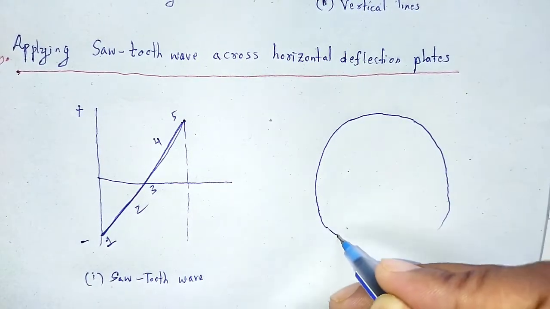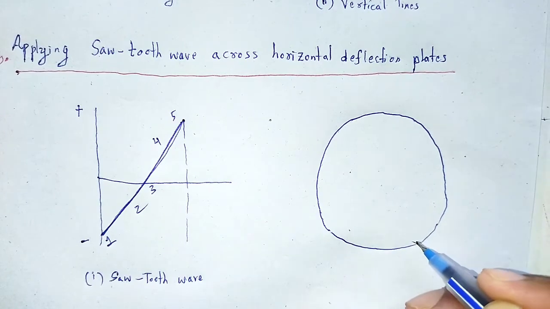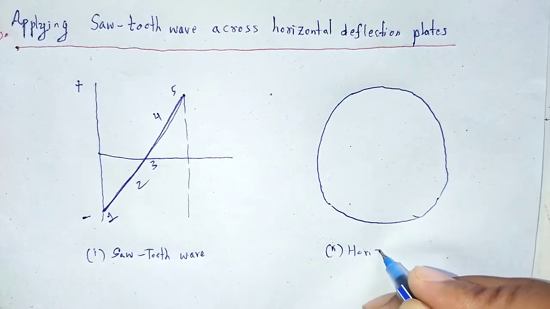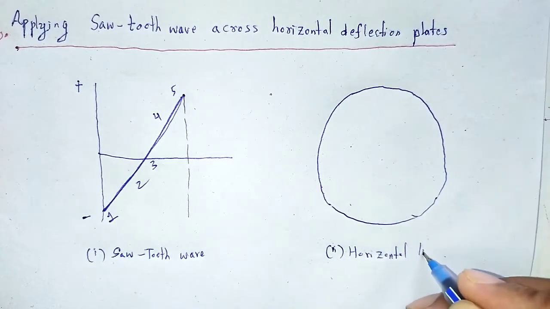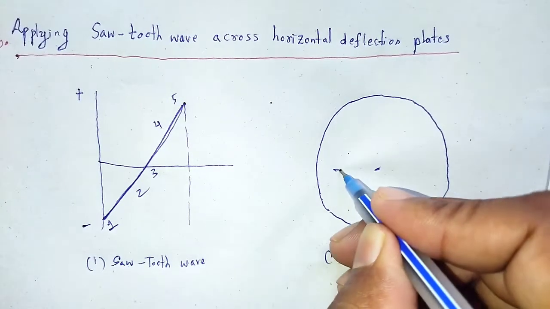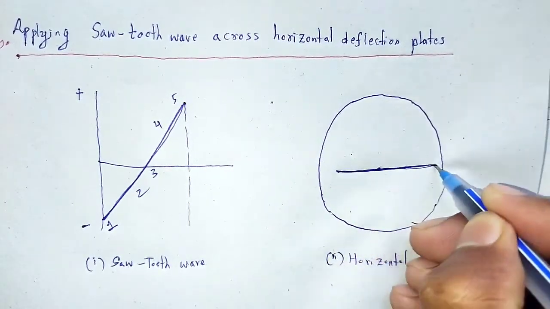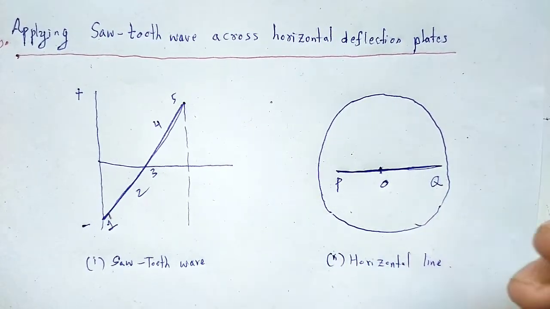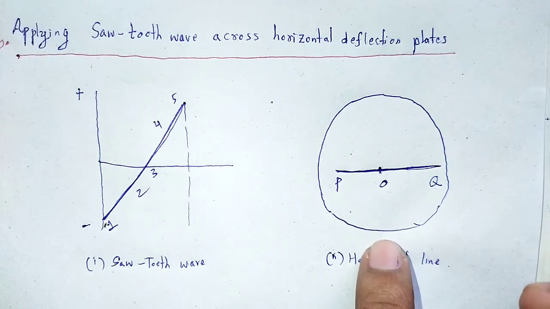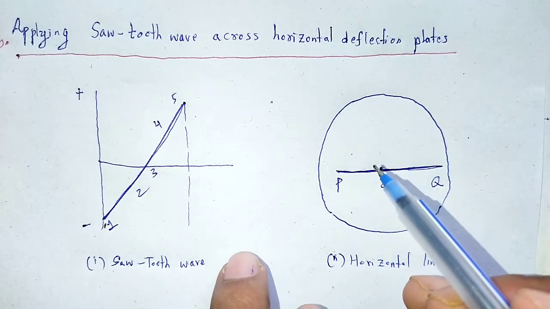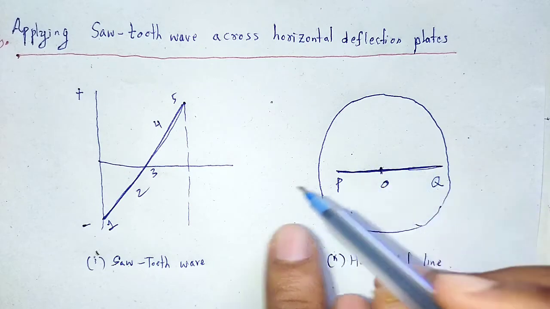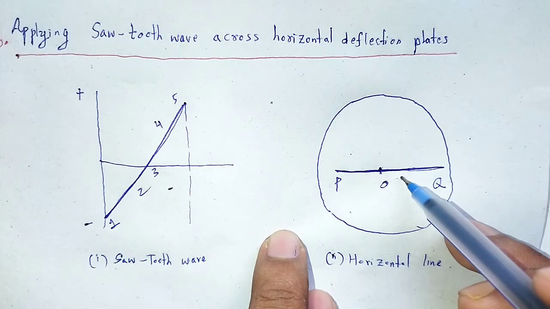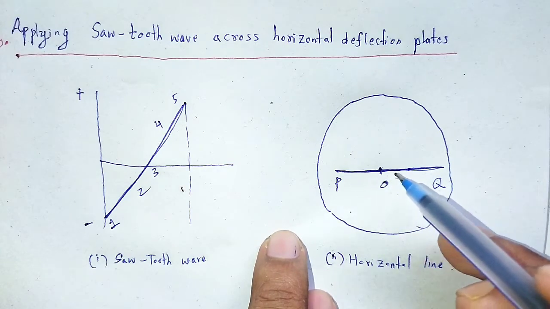What we observe in the case of horizontal deflecting plates is a horizontal line, with points P, Q. The beam should simultaneously move horizontally from left to right during the same time.